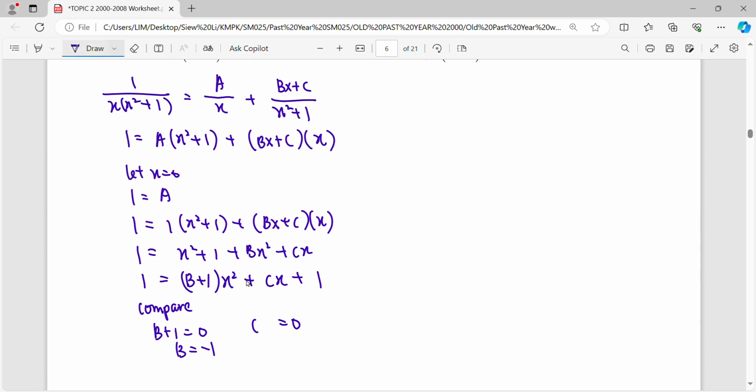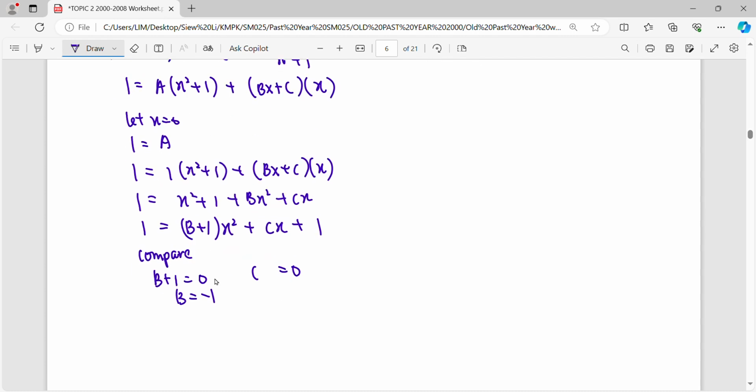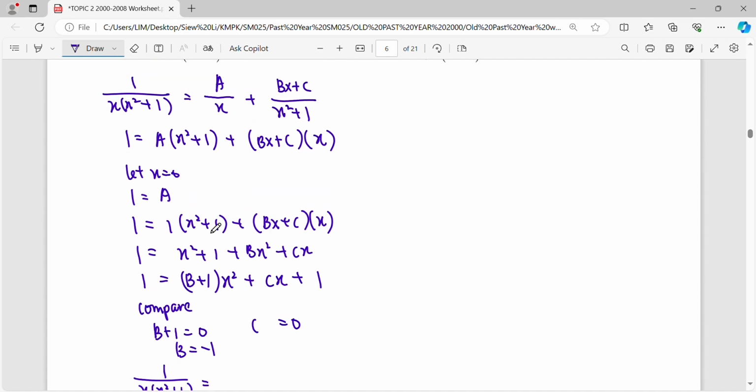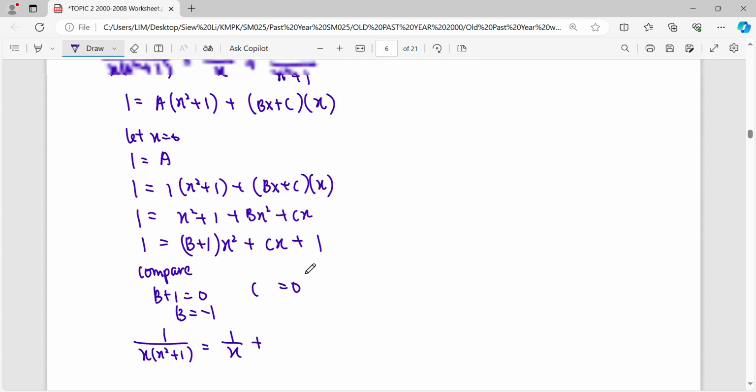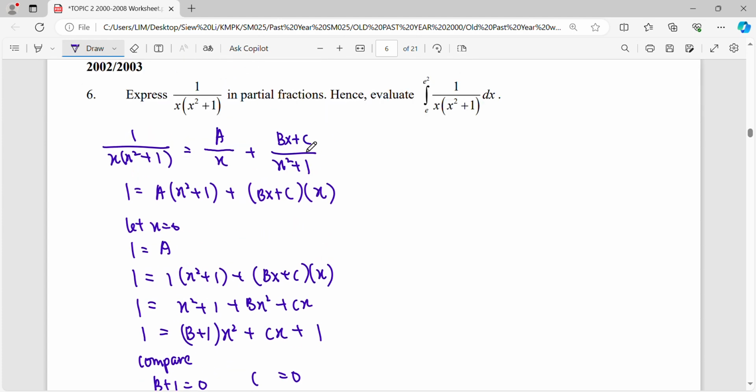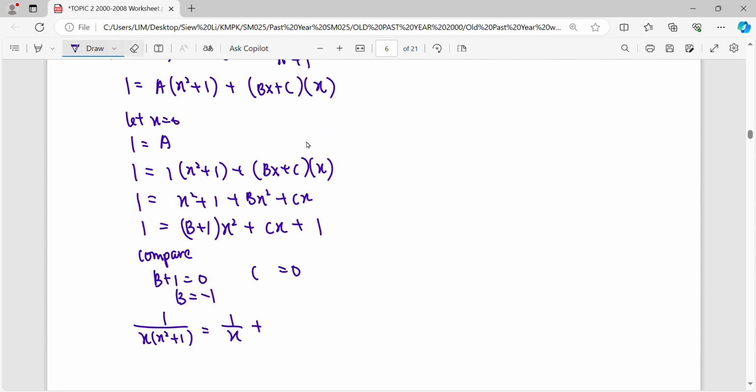Then lastly, the constant is 1. Alright, so your partial fraction will be 1 over x, where A is 1, minus x over x squared plus 1, since b is negative 1 and c is 0. The negative we take out.